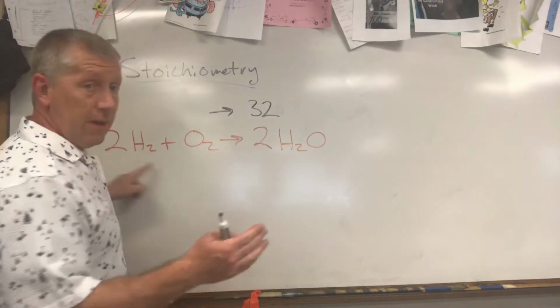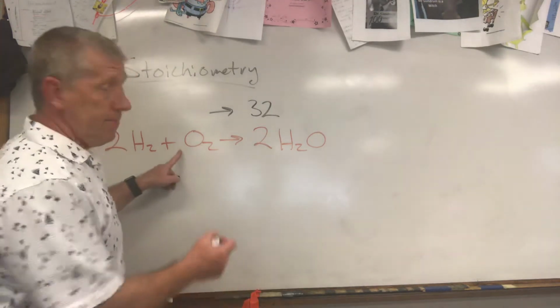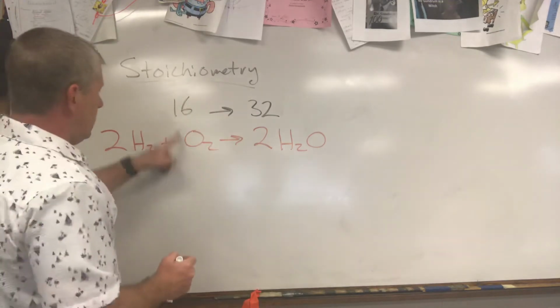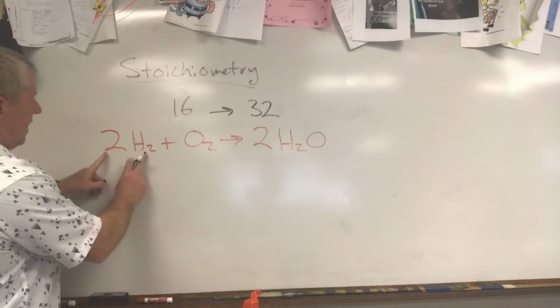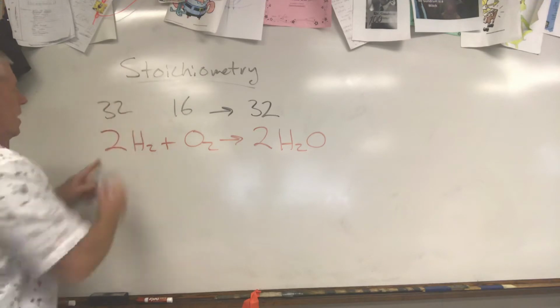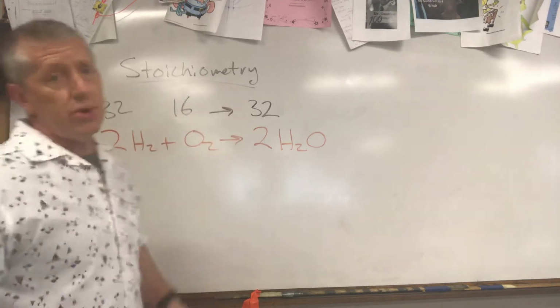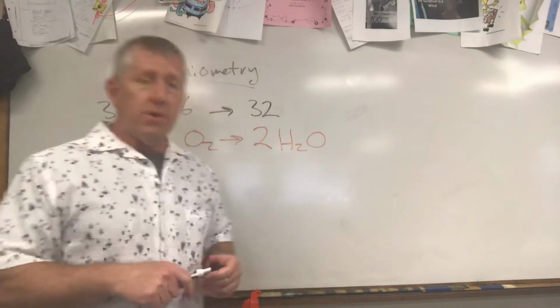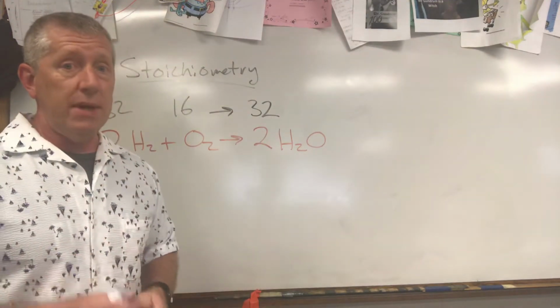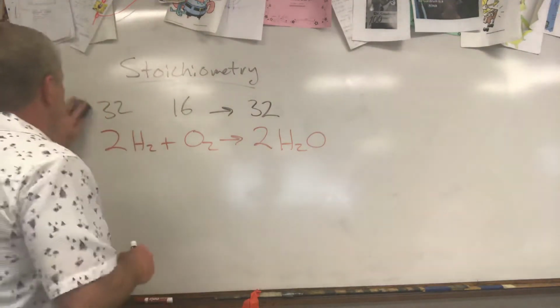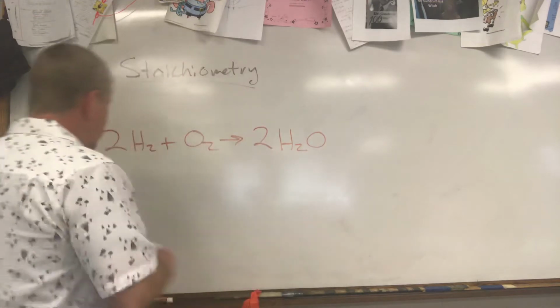This is my recipe to make water. So I'm going to need 16 times the oxygen, 16 times 1, and I'll need 16 times the hydrogen. 16 times 2 is 32. Look, it's the same proportion, it's the same ratio. And we just did stoichiometry. Yes, we did.